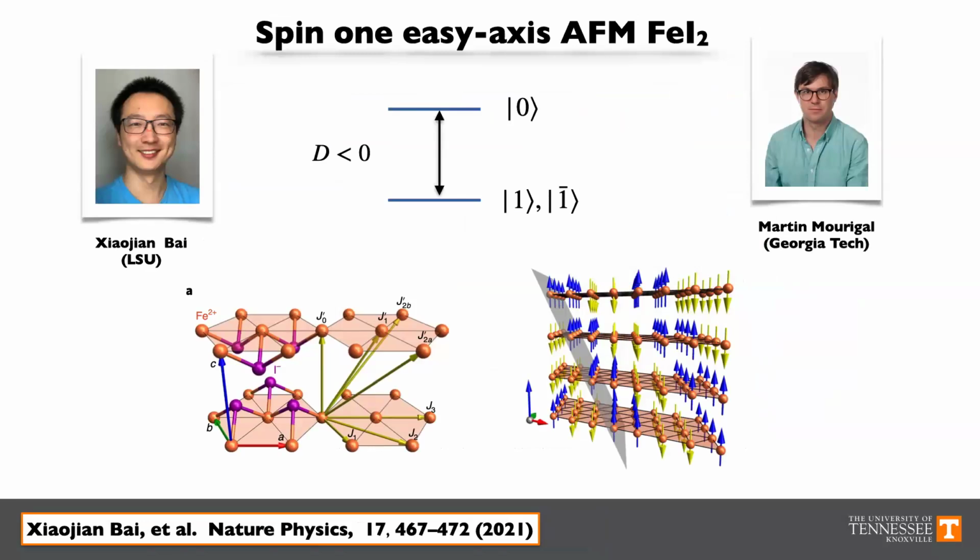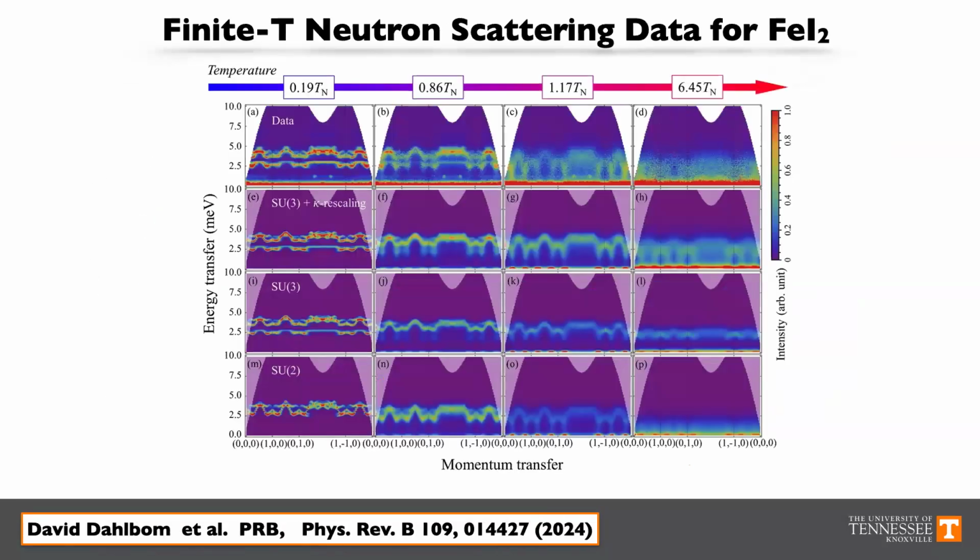In SU(2), you will get a diffusive mode centered around zero frequency, but in SU(3), you will get this frequency. And how big is that splitting? The energy scale is of the order of 5 millielectronvolts. Okay, so that's the answer to my question. It's essentially a triplet ground state with a small splitting.